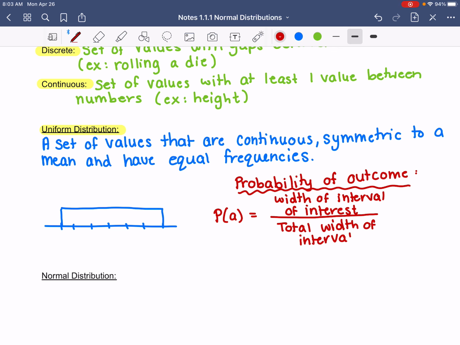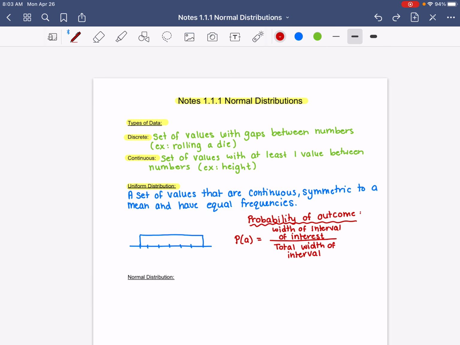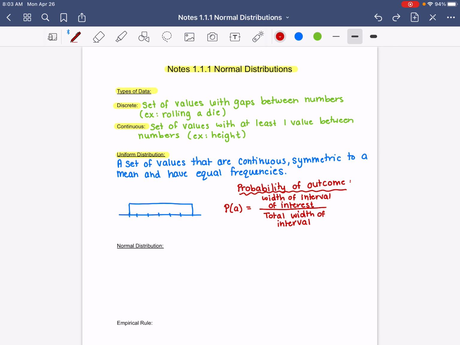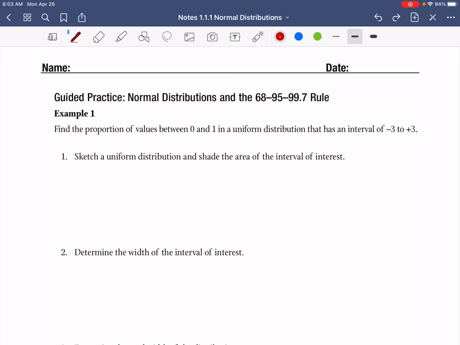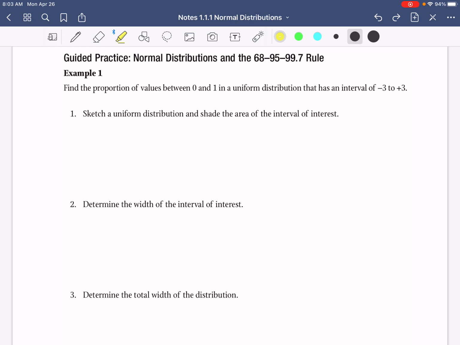So we're going to do an example of this right now. You're going to get your workbook, Unit 1, open to 1.1.1, which is on page 13, and we're going to do example 1. Example 1 says find the proportion of values between 0 and 1 in a uniform distribution that has an interval from -3 to 3.